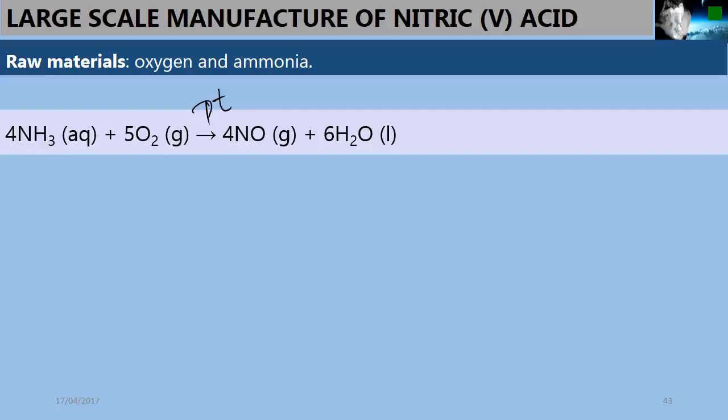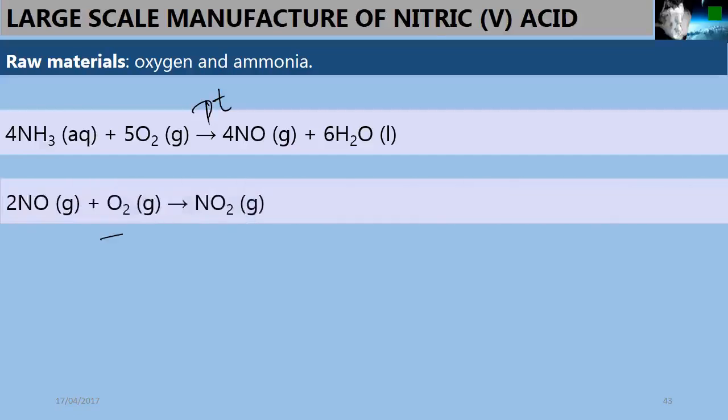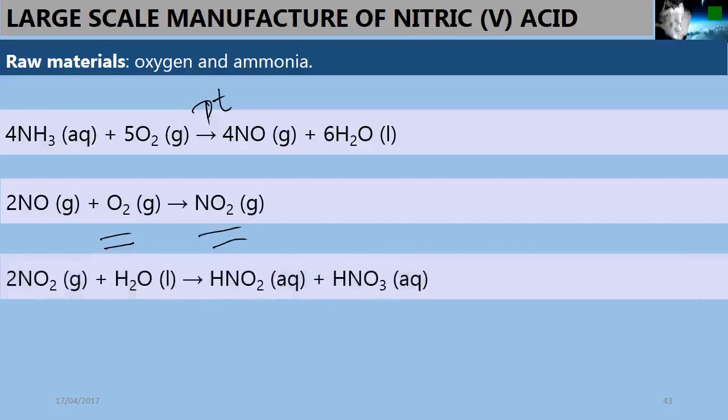The nitrogen 2 oxide produced is oxidized by the remaining amount of oxygen to form nitrogen 4 oxide. The nitrogen 4 oxide is then taken to another chamber where water is added to it to form a mixture of nitric 3 acid and nitric 5 acid.